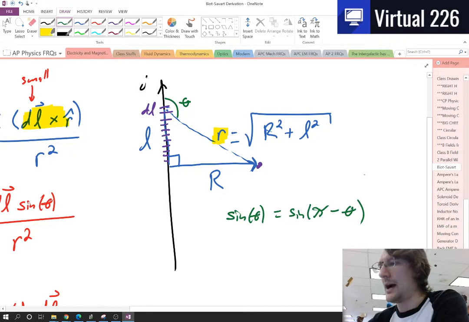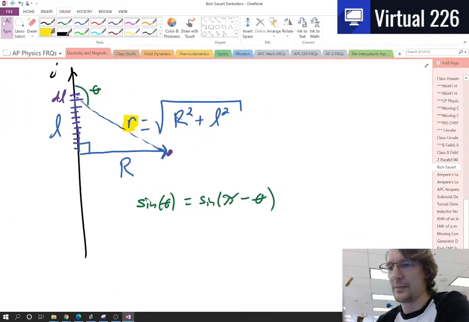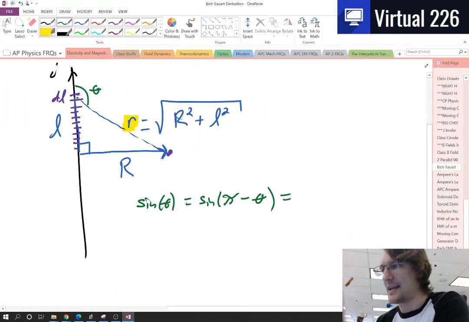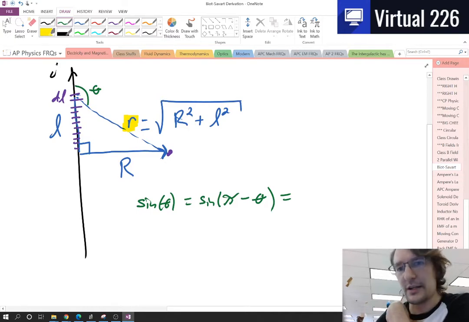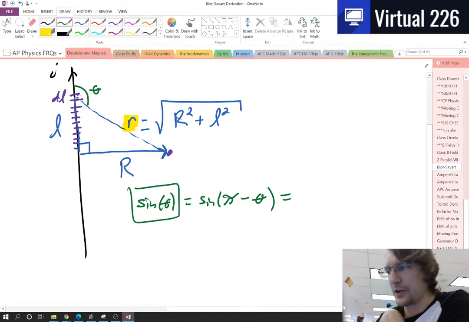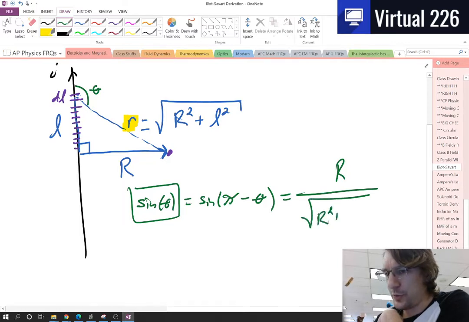What this will allow us to do is rewrite the sine of angle term as being r over the square root of r squared plus L squared.